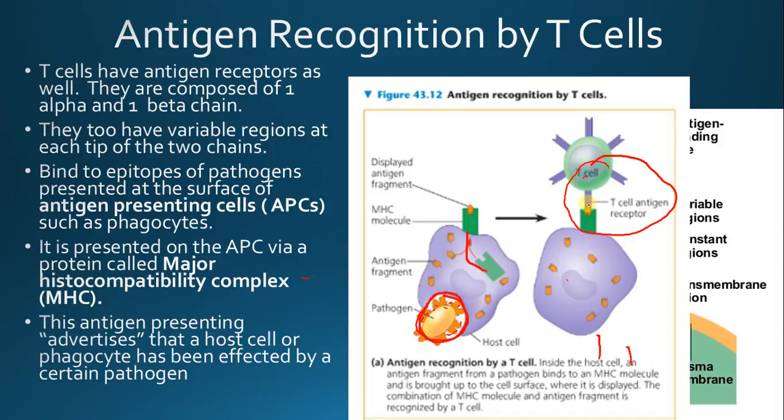That is what the T cell's receptor will bind to, not directly onto this pathogen, but to the epitope, or the antigen, being presented via the MHC domain on this antigen-presenting cell. So that's how the T cell becomes activated.